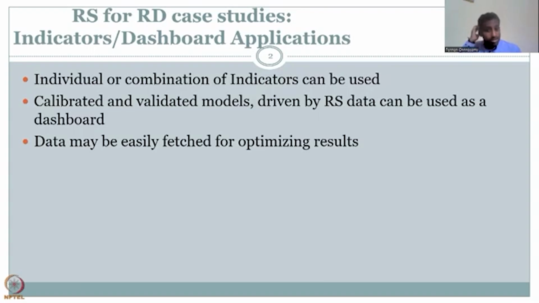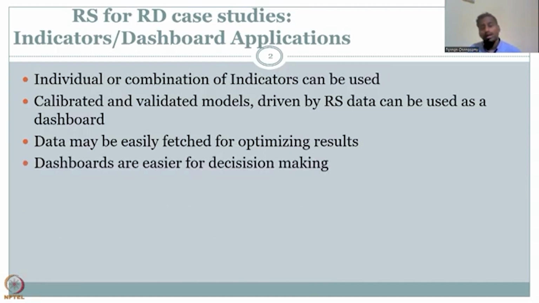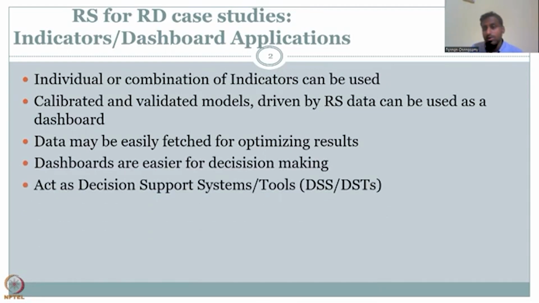So let's look at the other benefits. Data may be easily fetched by optimizing the results. Instead of looking at the generic data set, you can optimize the results by using different data sets and your own data set in some instances, and then put it into the mapping. Dashboards are easier for decision making, and that is why they are called a decision support system, DSS, or a decision support tool, DST.